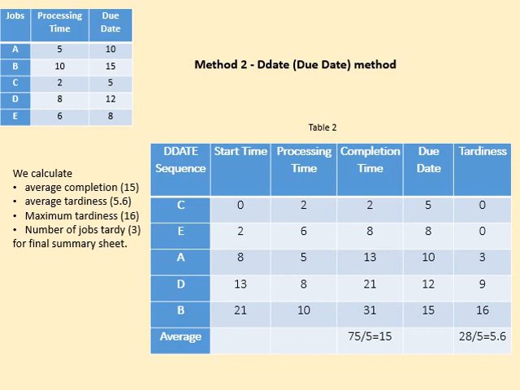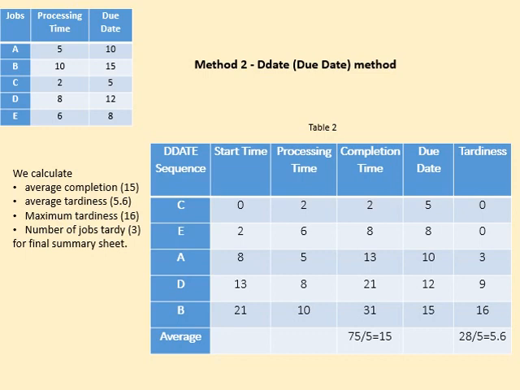Job C starts at 0th time, takes 2 days as processing time and finishes on the 2nd day. The due date is the 5th day, thus tardiness is 0. The second job assigned is job E, which starts on the 2nd day, takes 6 days to process, and finishes on the 8th day. Since the due date is the 8th day, the tardiness is 0.